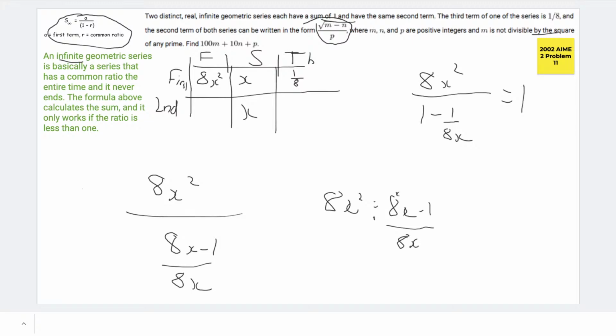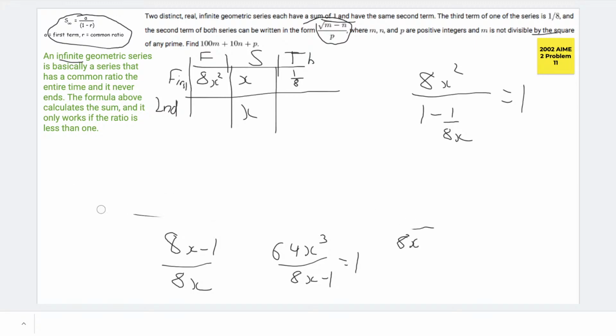So this just becomes 8x squared times 8x, which is 64x cubed, divided by 8x minus 1, and this equals 1 because that's the sum of this series. And now we can find x by multiplying both sides by 8x minus 1. After you do that, you get 64x cubed equals 8x minus 1.